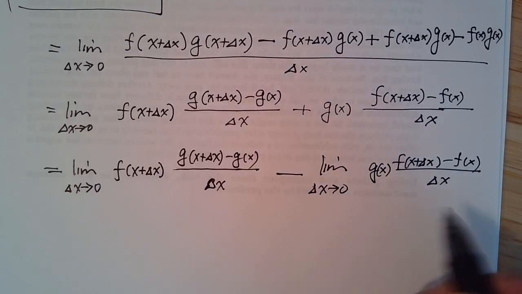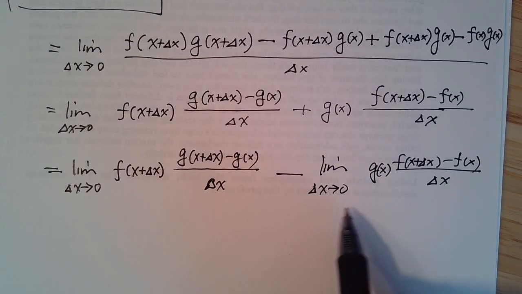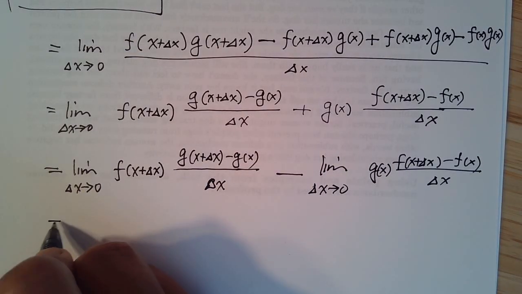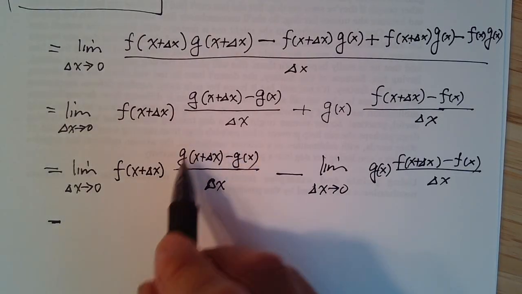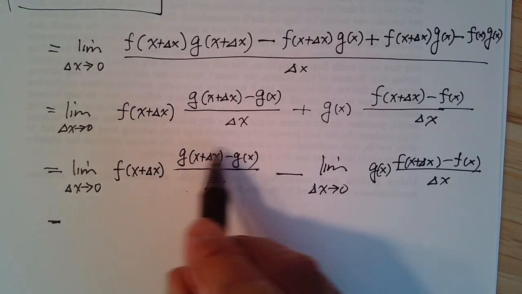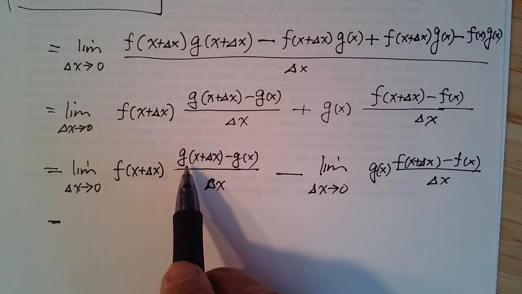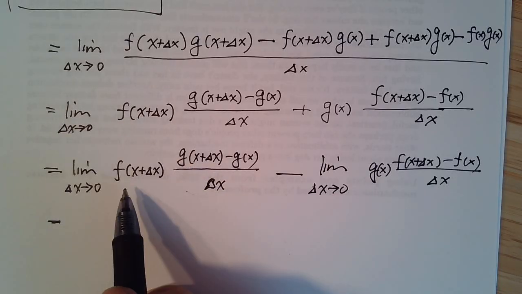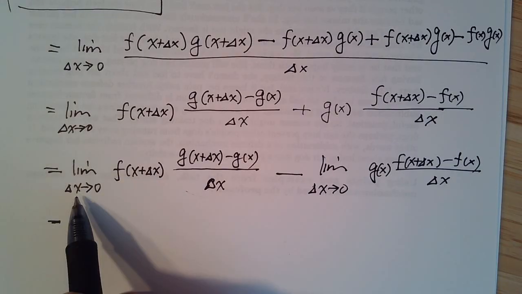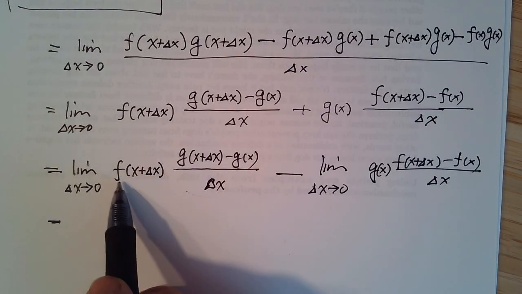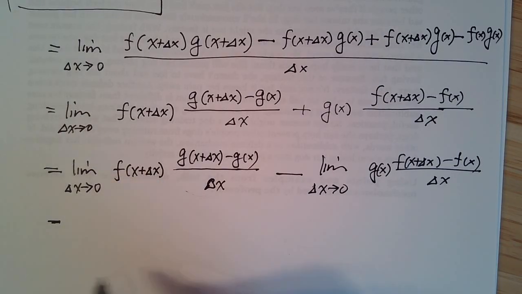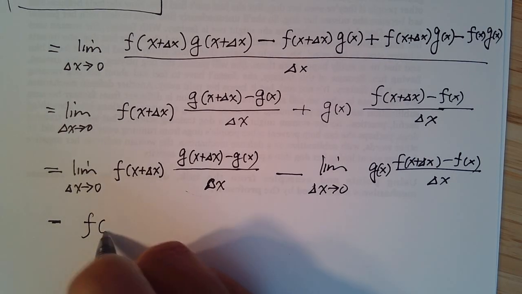Okay, so did you find something really nice here? Did you find it? This term, is this just g prime? Right? That's the derivative of g of x. And when delta x approaches 0, f of x plus delta x is just f of x.